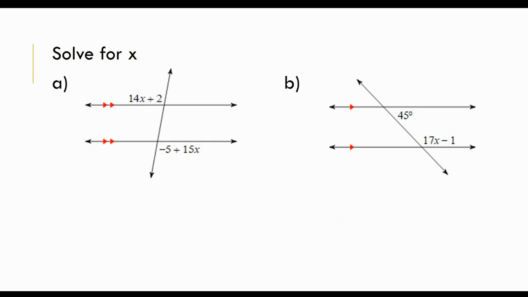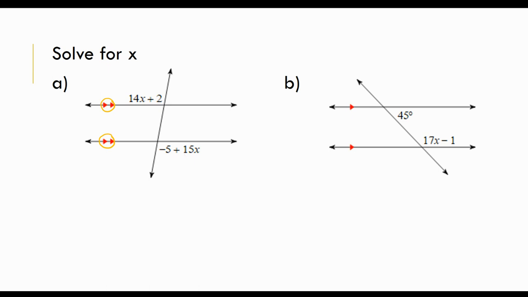All right, so with these problems, we want to solve for x. So notice that we've got parallel lines in part A. So I need to know what the relationship is of the two angles that are given. Notice that 14x plus 2 is an exterior angle, same as -5 plus 15x.